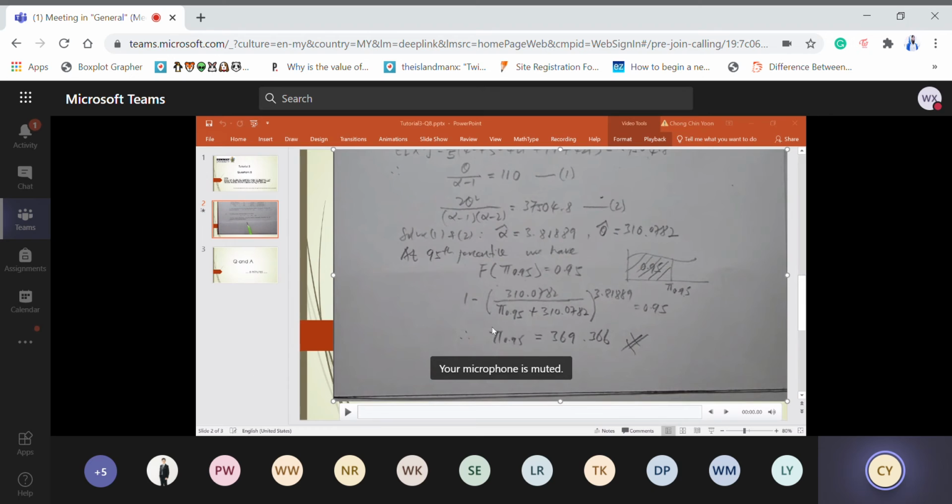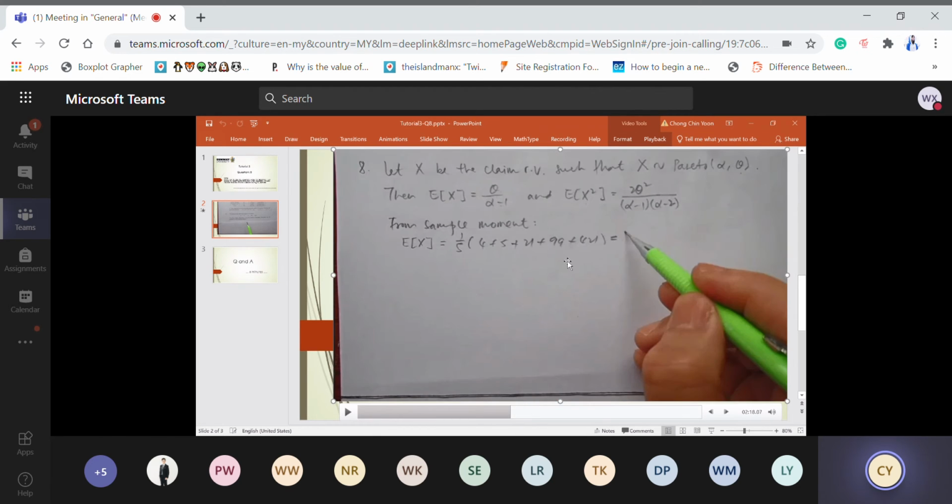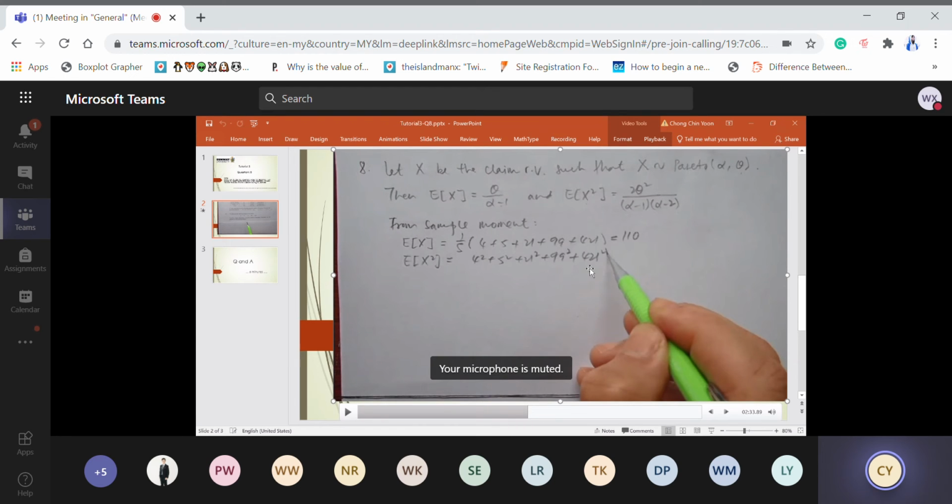This question is a combination of the method of moments and also percentile matching. We have to find the 95th percentile. Based on the method of moments, you have to find the first and second raw moments in terms of the data.